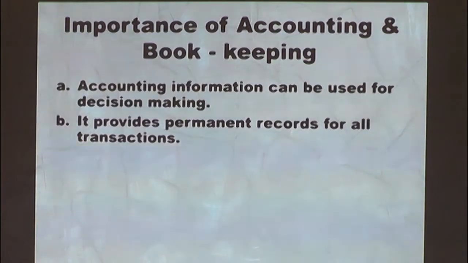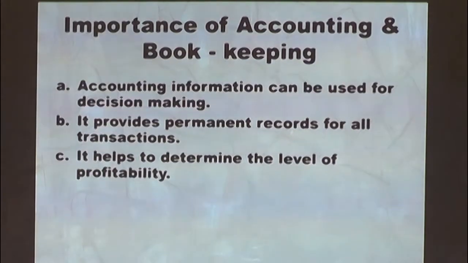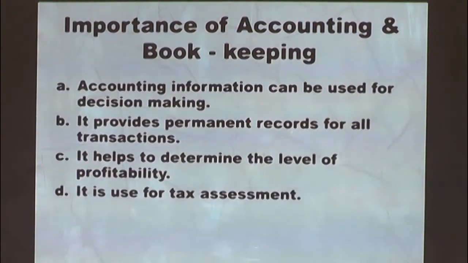The next one is that it helps to determine the level of profitability. You want to know how much profit is made in year A compared to that of year B. Financial accounting information helps you to determine that level. The next one is that it is used for tax assessment. The government usually collects tax from her citizens.